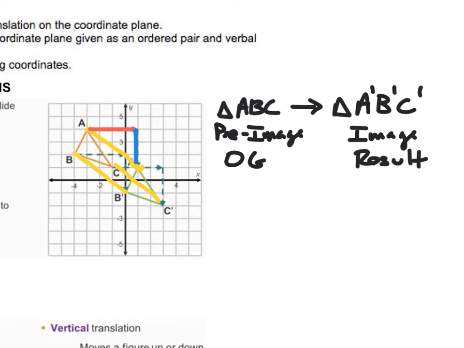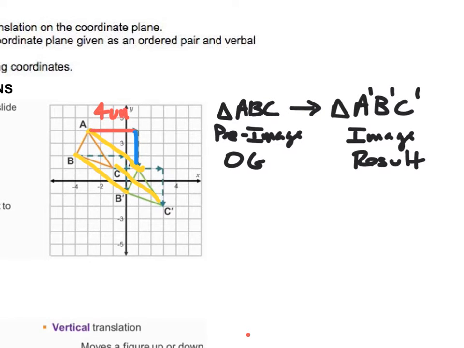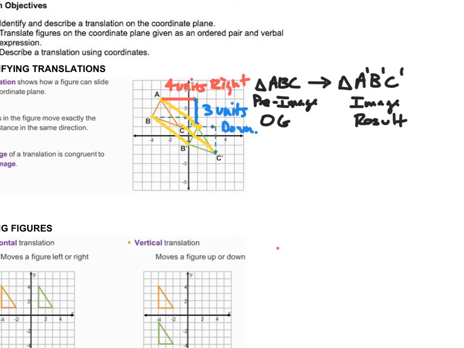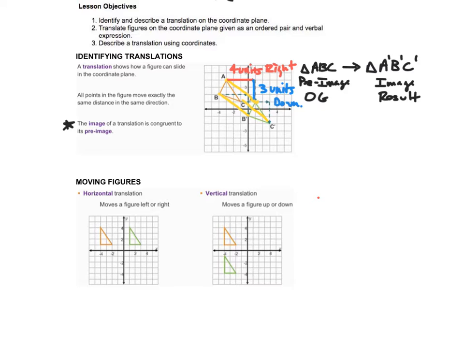All right, so in this case, we have moved this 4 units right and 3 units down, okay? And we can see that movement here on that photo, but what I want to do is talk about what that looks like specifically, okay?